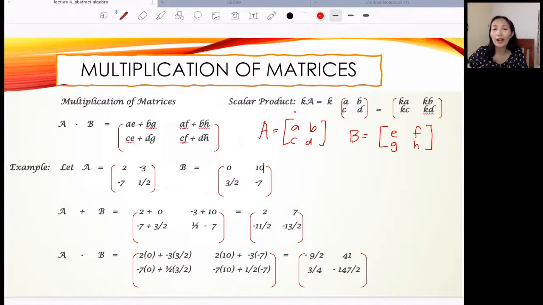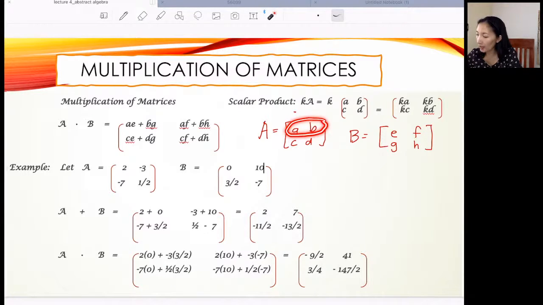Rows by column. Correct. So, Catherine said rows by column. Okay. So, we have to consider the first row. We get the first row entries multiplied to the first column of the second matrix.